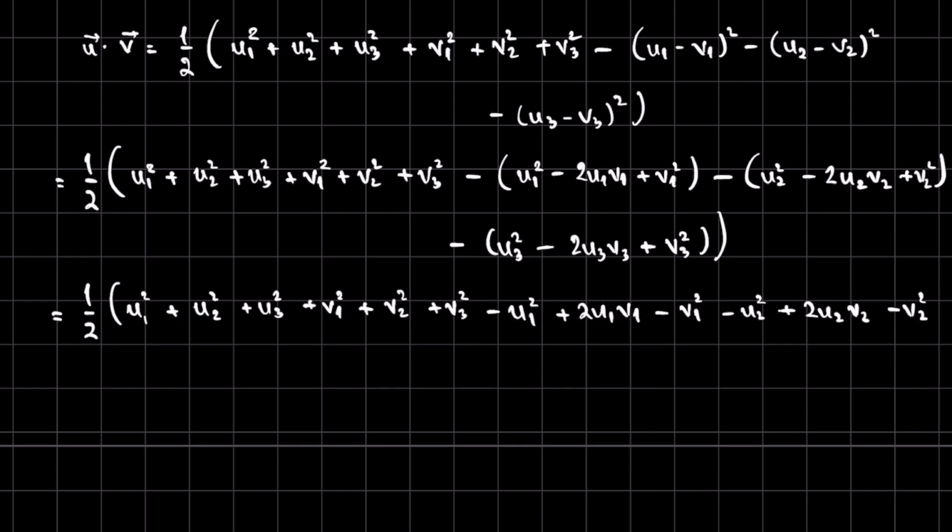And then for the last expression, you get minus u3 square plus 2u3 v3 minus v3 square).